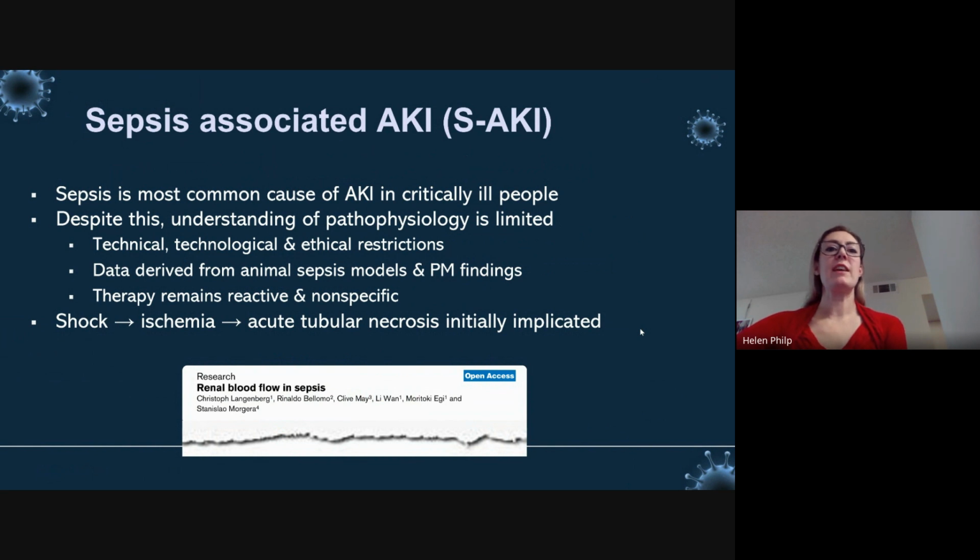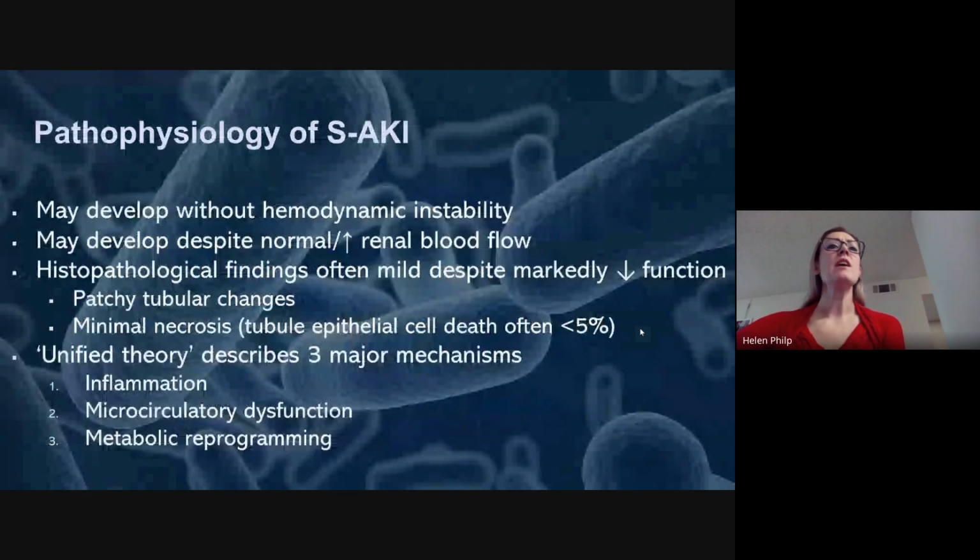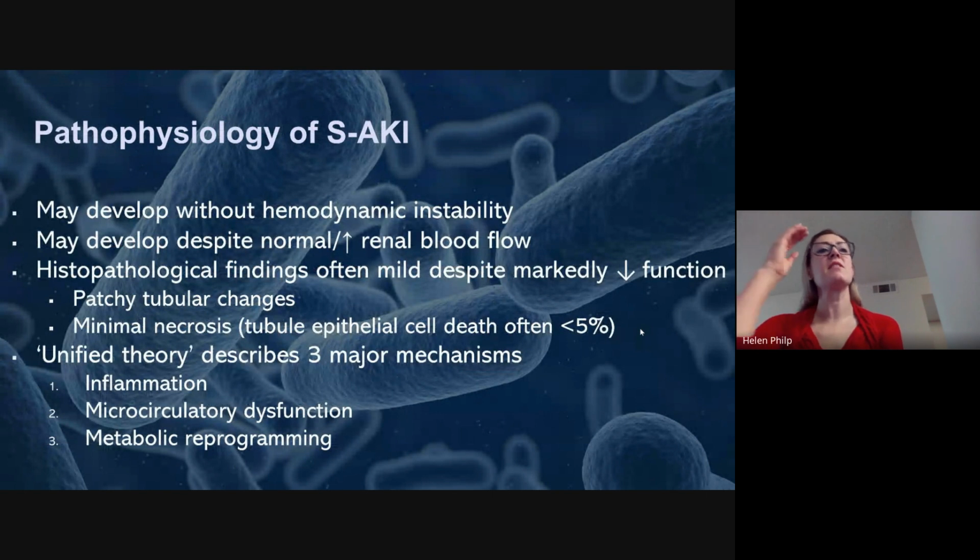Initially it was thought, as in this paper, and it would make sense, that a patient who's in shock would have ischemic injury and would develop acute tubular necrosis, and that was initially thought to be the cause of septic AKI. But actually, it was then found there were some inconsistencies. You don't even have to have hemodynamic instability to develop an AKI from sepsis.